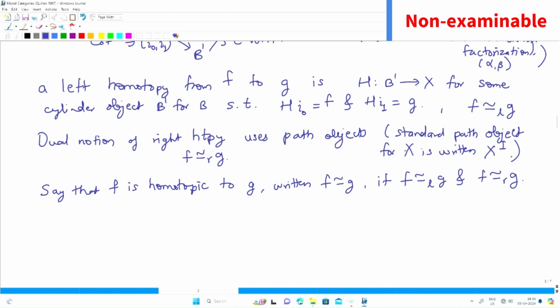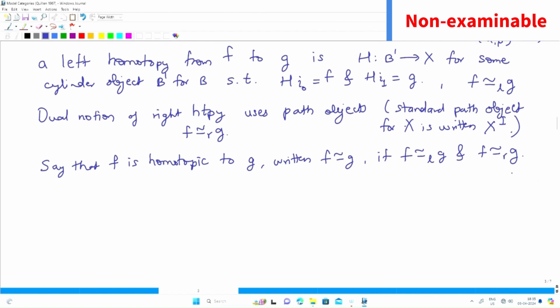So in the usual sense of homotopy, the right is the path object definition and the left is the cylinder object definition. They both coincide in most cases. So I'm going to describe when.